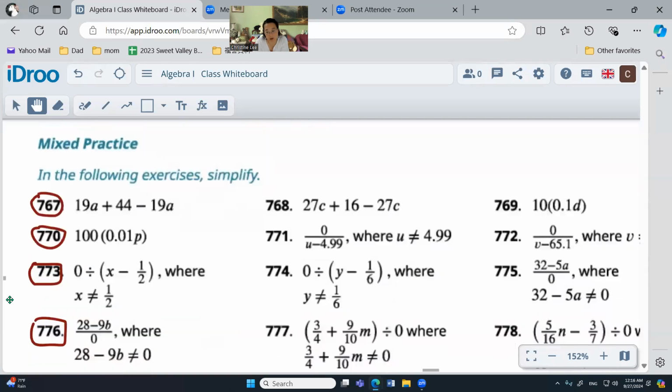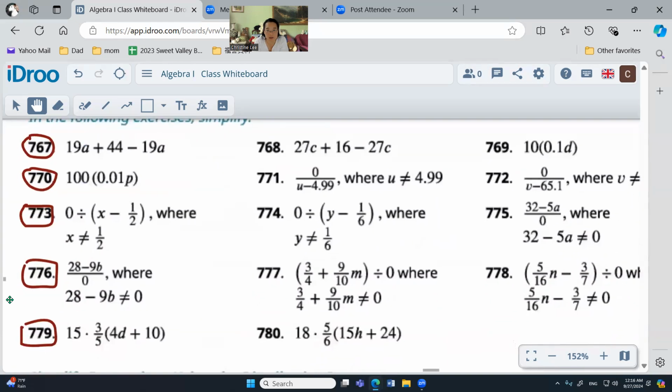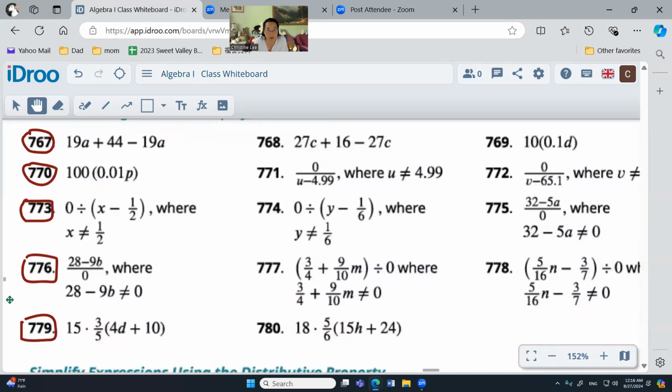Mixed practice. Okay, so here, mix everything. We just need to be super careful. All right, let's try. 768. Well, C and C. I see. You have positive, you have negative, cancel, right? Okay, 16. 0 on top. You don't even need to do that.